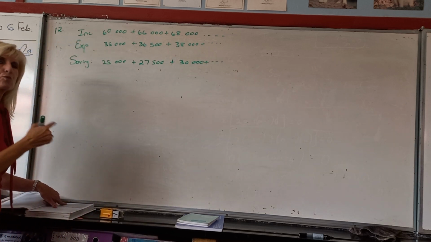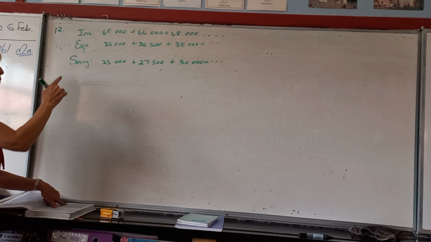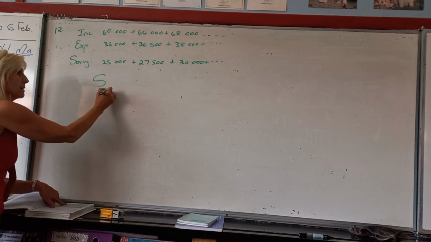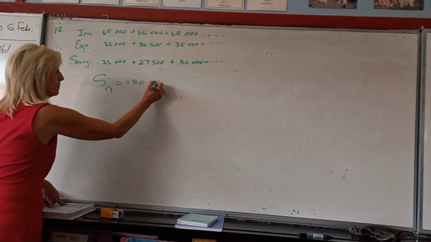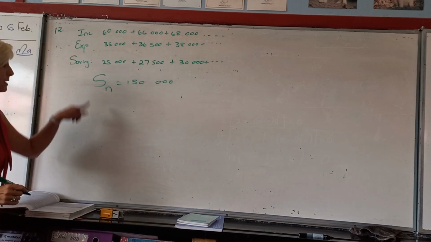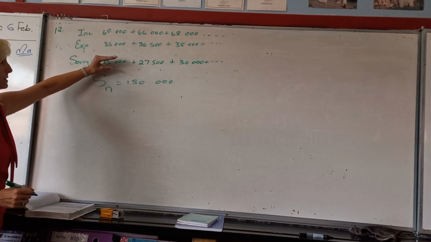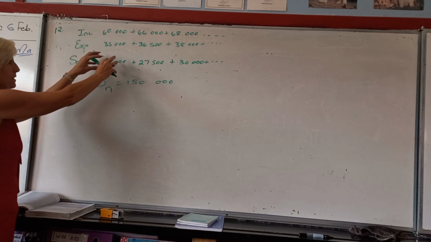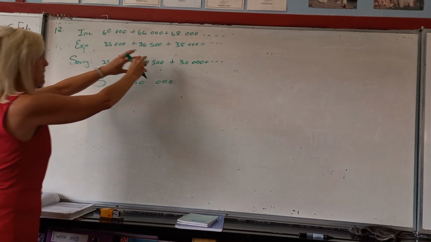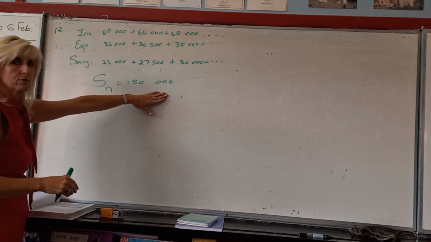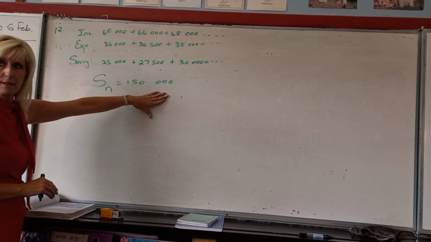In the saving, because what are they asking me? When will he save a total of 150,000? So I'm looking for the Sn must be a total of 150,000. I'm going to go for this, the saving. Because after the first year he had 25,000, then he adds that, so it's 52,500 after 2 years, etc. And I'm trying to save 150,000.